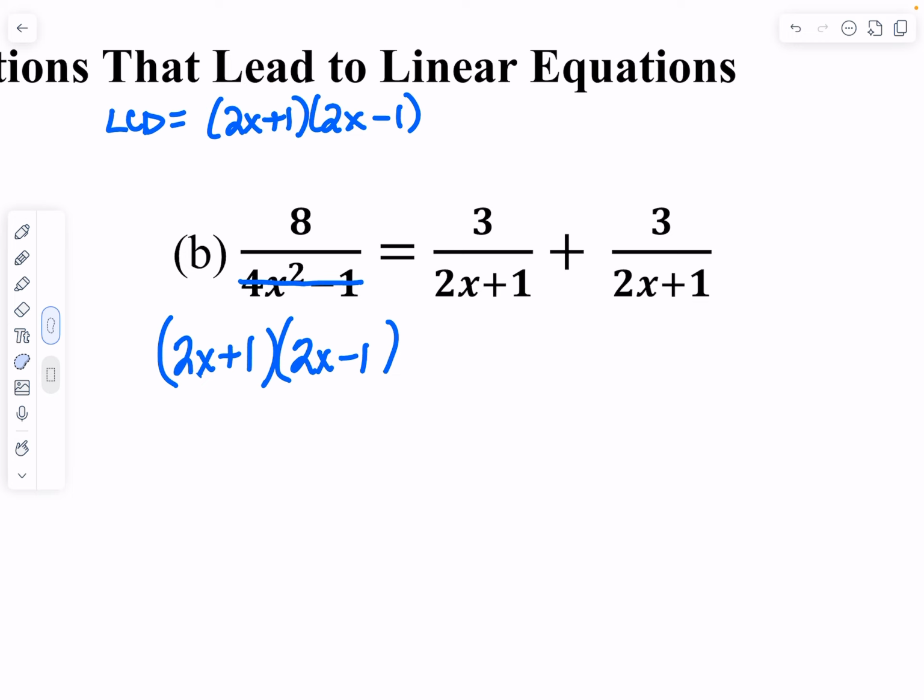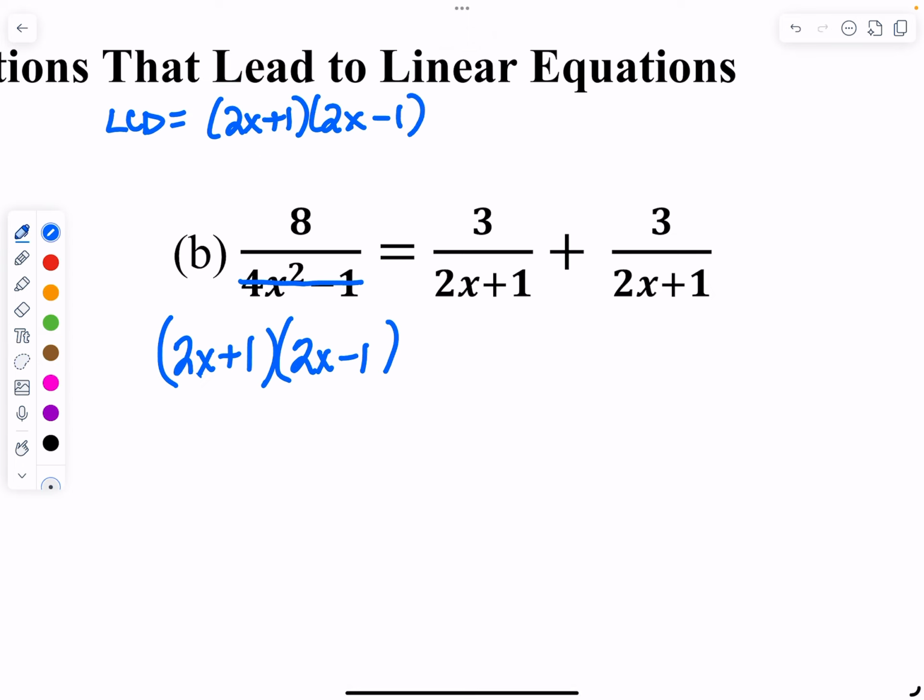When I go to the third fraction, I also have 2x plus 1, and it is there. The only time I would need 2x plus 1 times 2x plus 1 in my least common denominator is if both of them were underneath one denominator. In other words, if that first one had been 2x plus 1, 2x plus 1, then I would have two of them up there.